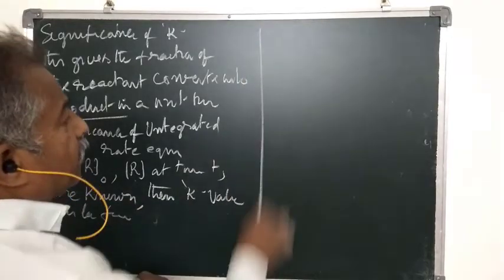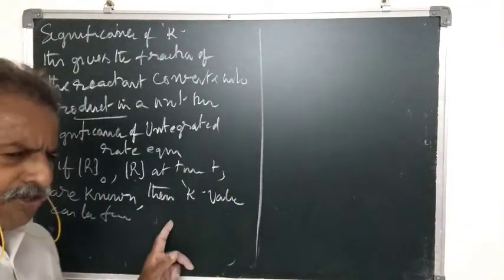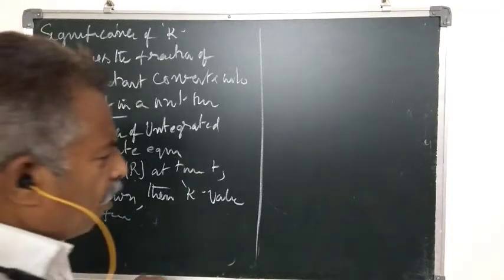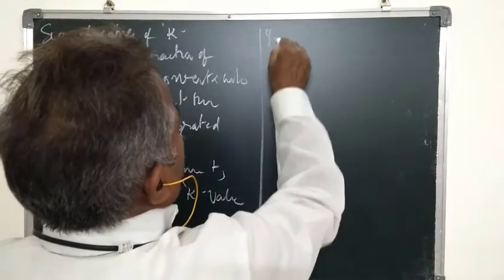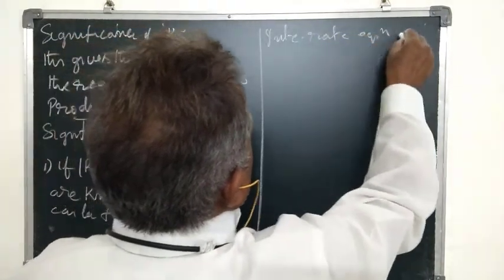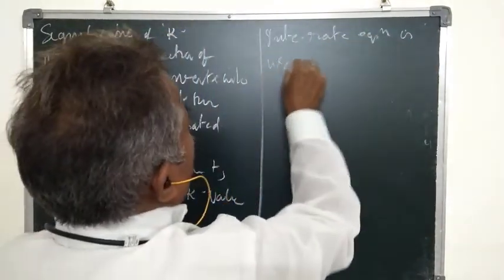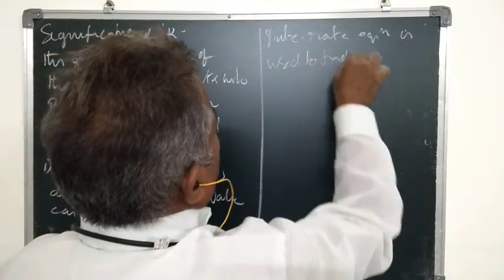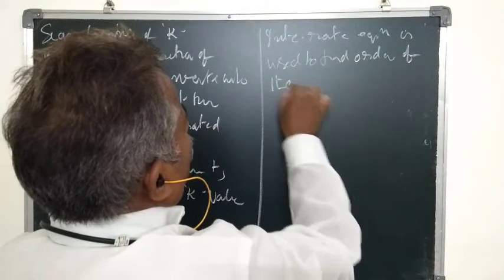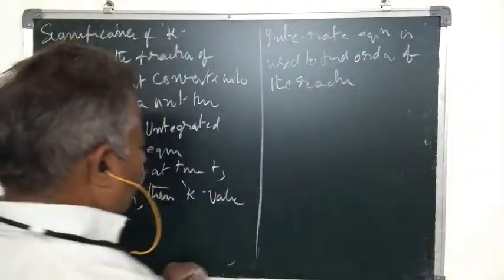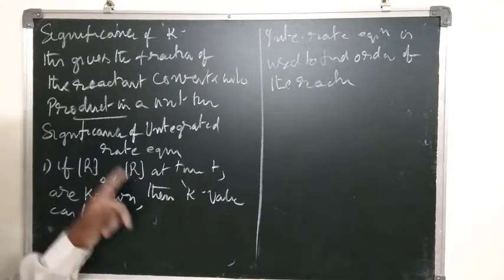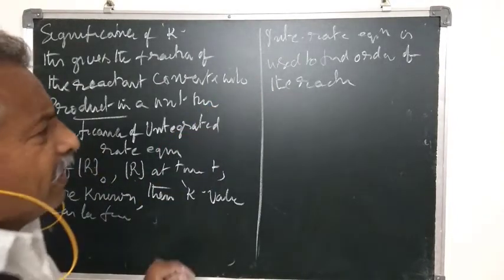Not only that, the integrated rate equation can be used to find the order of the reaction. How? Substitute the values of R0 and R in the integrated rate equation.